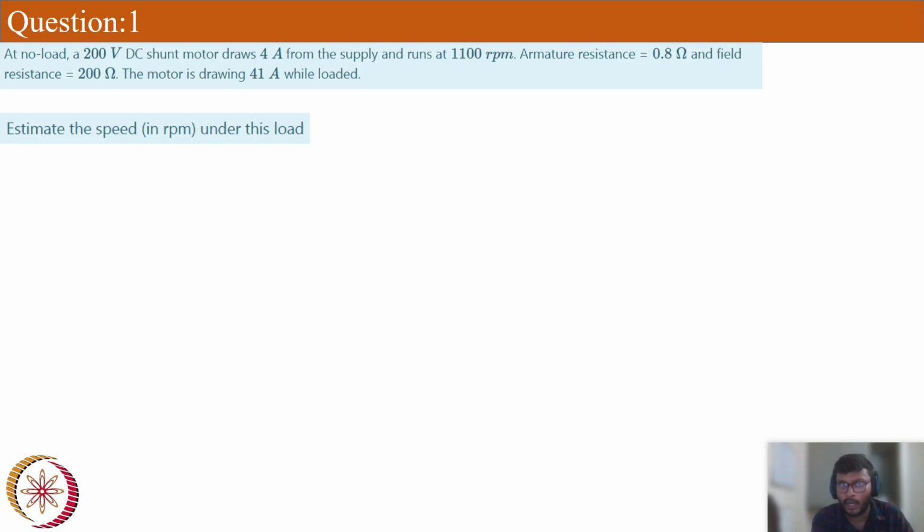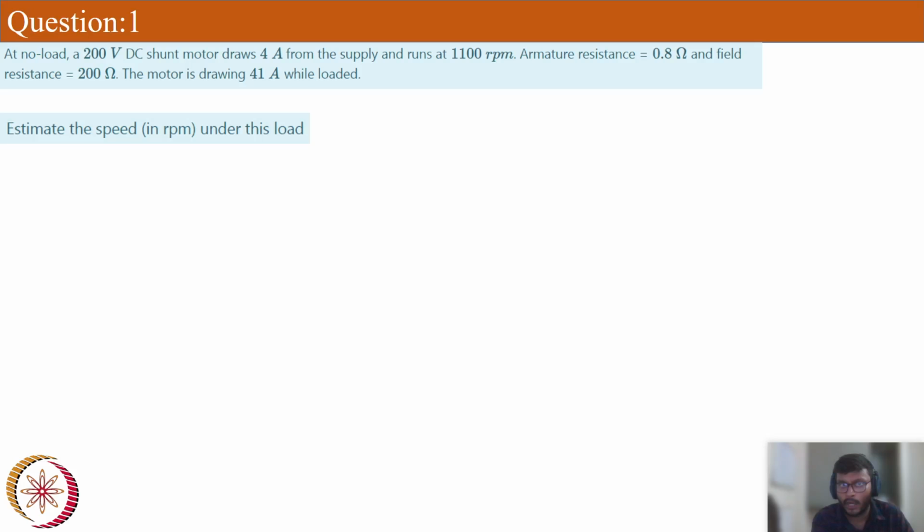The DC shunt motor draws 4 amps from the supply at no load. Now there is no load; to the shaft of the motor, I have not connected any load. At this condition, I am drawing 4 amps. Good. The motor draws 41 amps while loaded, that is the next condition. Let's see the condition for now.